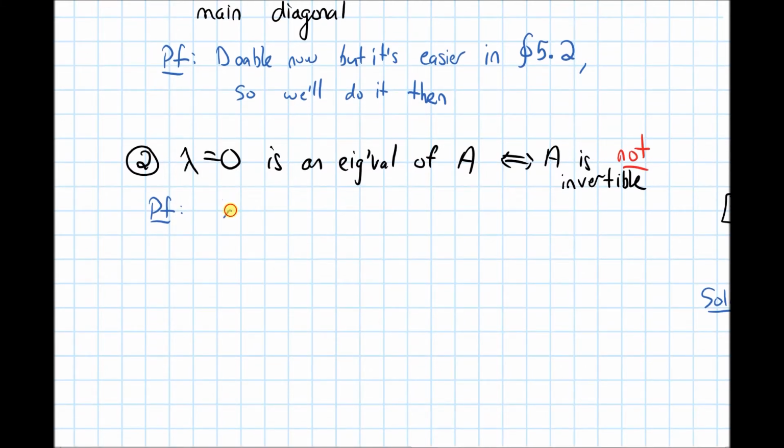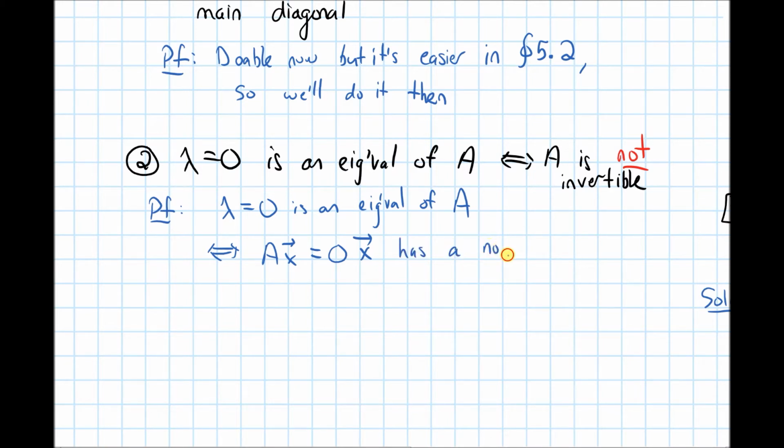Lambda equals 0 is an eigenvalue of A if and only if the equation A times x equals 0 times x, where 0 is taking the role of the lambda here, has a non-trivial solution.